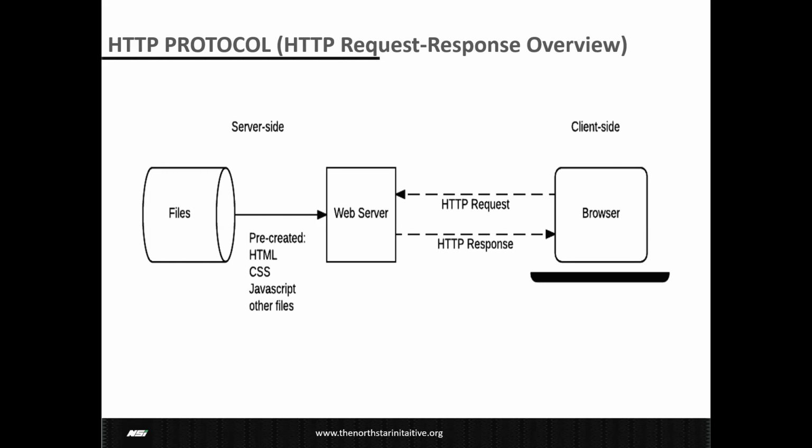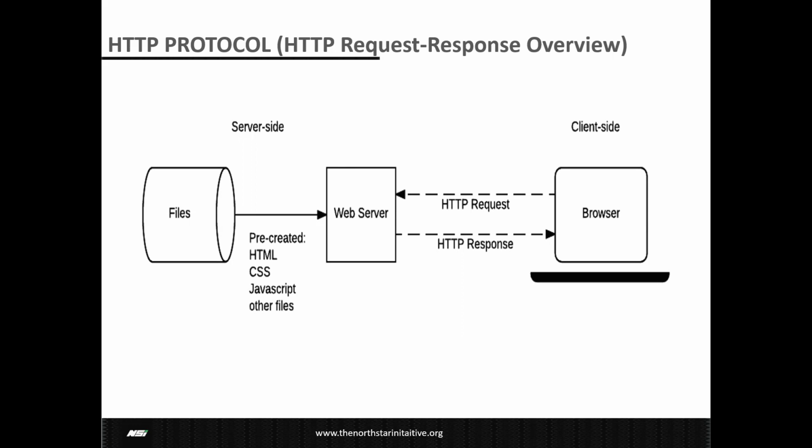Now, you see the client is making an HTTP request to a web server, right? The web server, on the other hand, is serving the response part, right? The browser has already made an HTTP request to the server, looking for pages, like HTML pages, right?